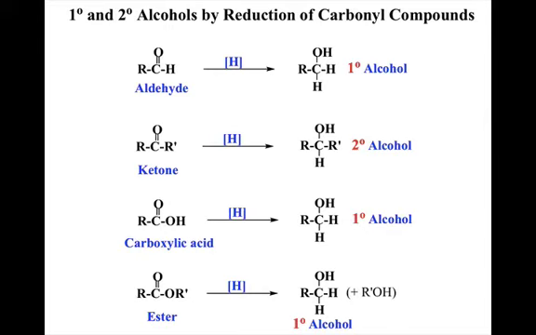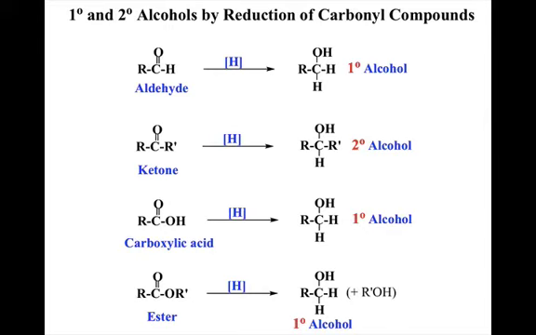But notice a carboxylic acid and an ester both go to primary alcohols. We'll talk more about those mechanisms later, okay? The important thing that you need to know is that everything will be reduced to a primary alcohol with the exception of ketones. That's easy to remember.